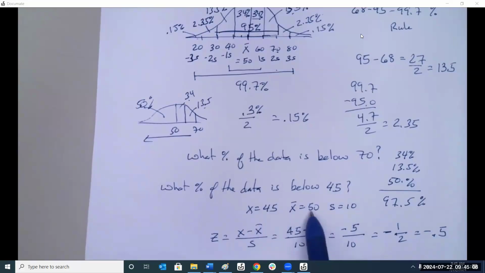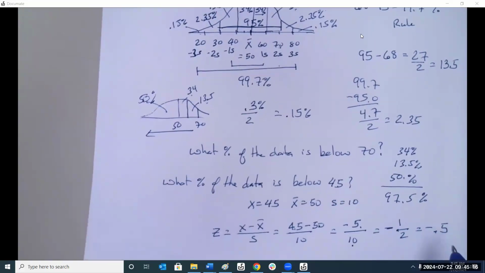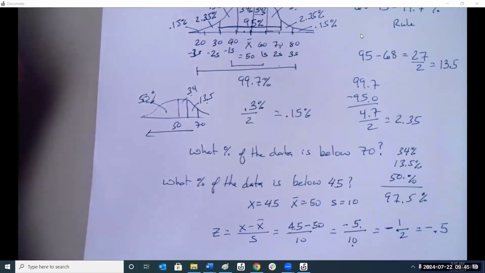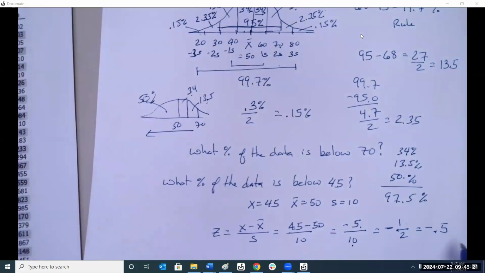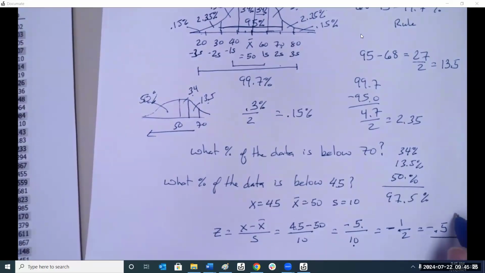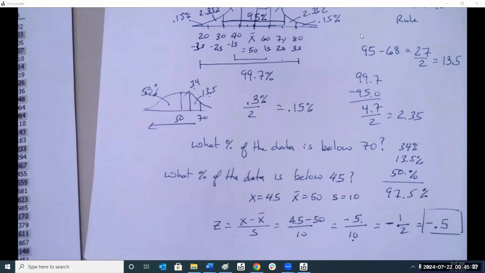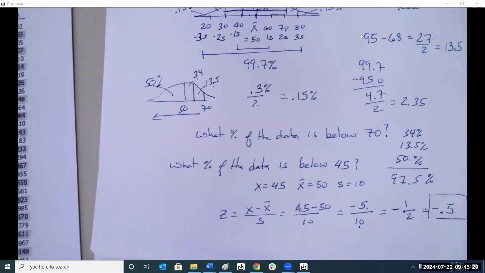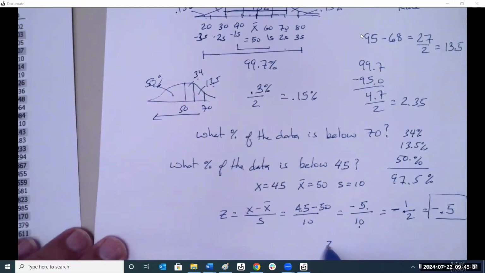So before 45, we have 45 minus 50 is -5 over 10, which is -0.5. So now what we have to look at here is this number, our z-score. Our z-score is -0.5000.